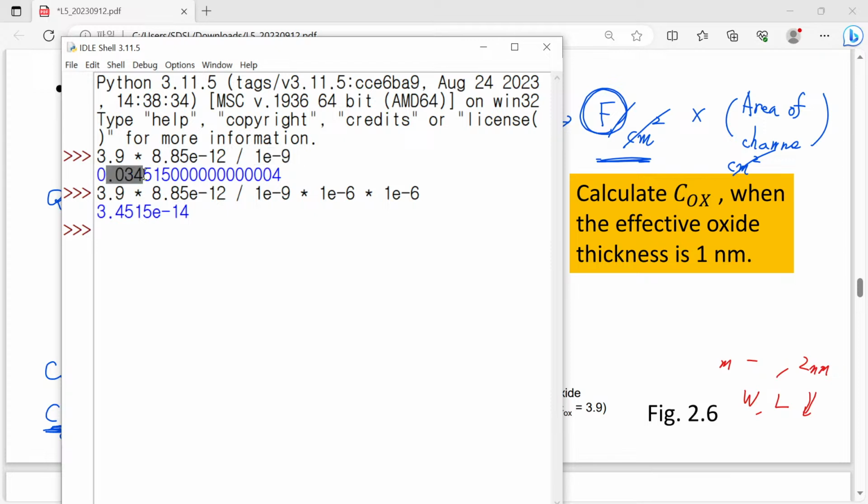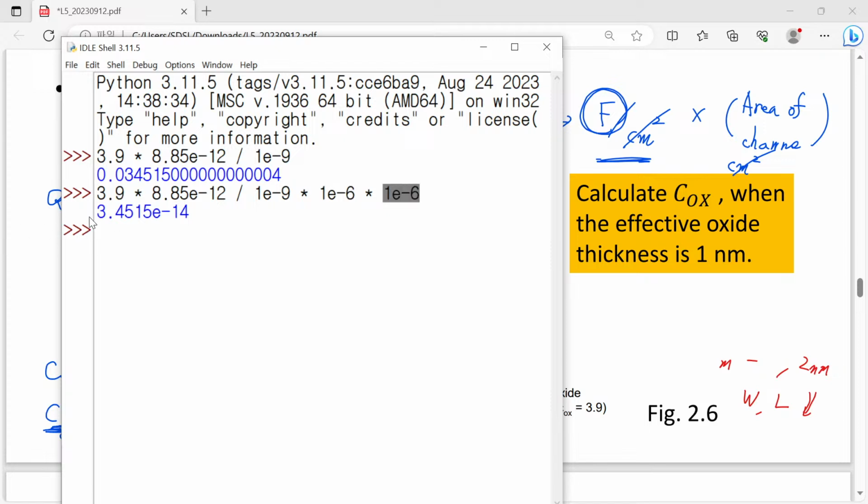Then that will be the capacitance, COX. But please note that all of them are calculated in SI units, so this is farad per meter square. Now we apply 10 to the minus 6 times 10 to the minus 6, corresponding to 1 micrometer and 1 micrometer.